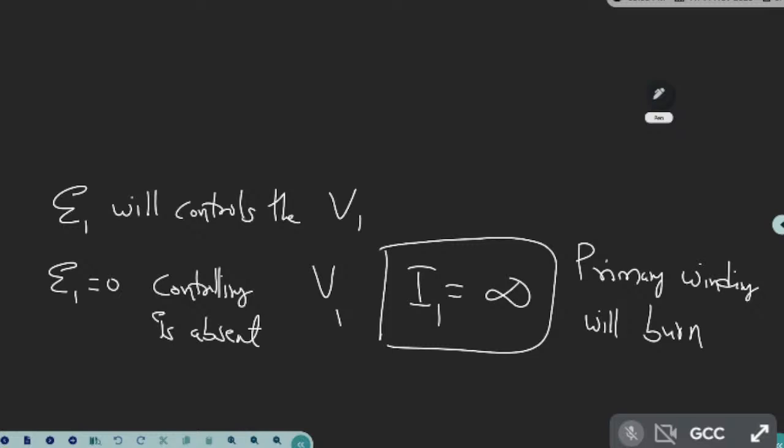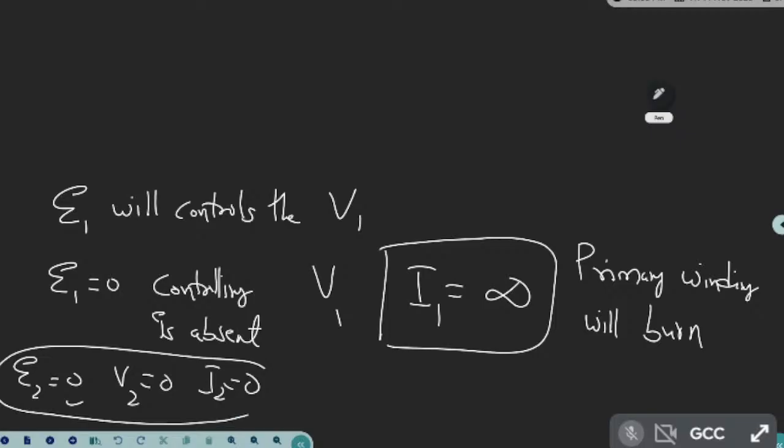What happens to the secondary? Nothing will happen to the secondary winding. There is no E2, no I2, no V2. E2 is 0, V2 is 0, I2 is 0. Only the primary winding will burn.